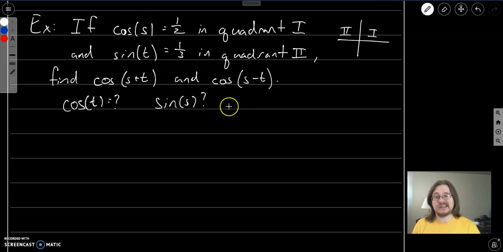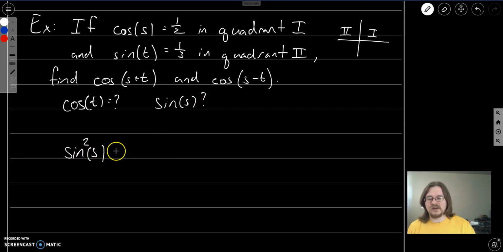I'm going to do this in a slightly different way than I did in some of these earlier videos. I'm going to use the Pythagorean identity. If I want to know the sine of S, I know that the sine of S squared plus the cosine squared is equal to 1. So I can solve for the sine of S here.